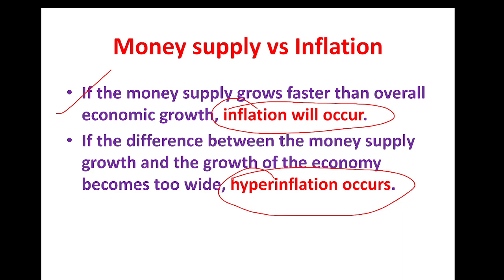You can see in the neighboring countries of India, there is hyperinflation. This shows that the economy is going to be destroyed, means very many people will be unable to purchase anything because of inflation. So these are the two effects of money supply. If money supply is increasing, then what if money supply is decreasing, what will happen?